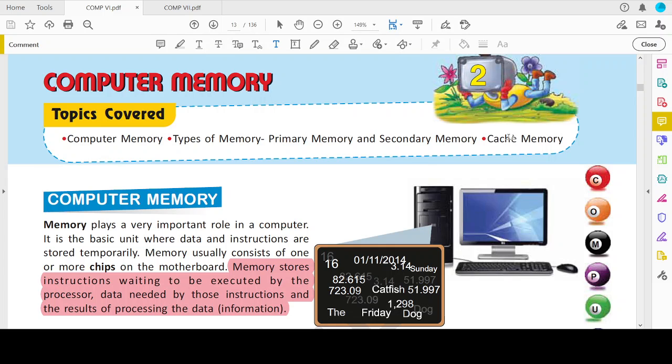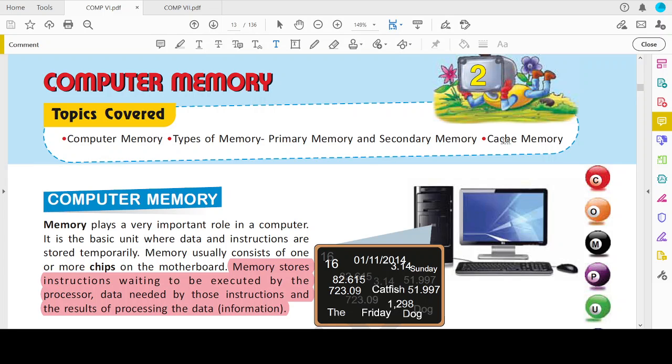As cache is very fast, the capacity of cache is very low. We cannot use a cache with a high capacity because it is very costly. A cache is a very costly memory, and it can improve the speed of the computer.